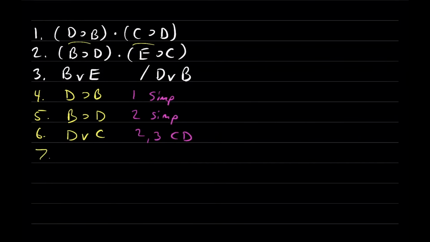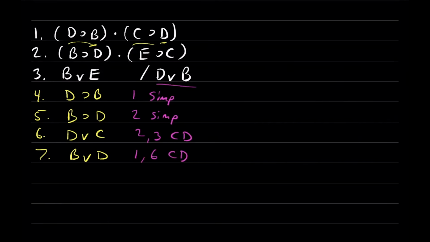So by constructive dilemma, we know that one of the two antecedents here, B or D, would have to be the case. So B or D would have to be the case. And that's going to follow from line 1 and line 6 by constructive dilemma.